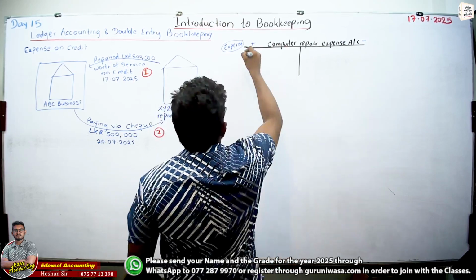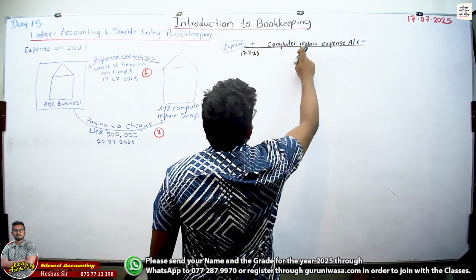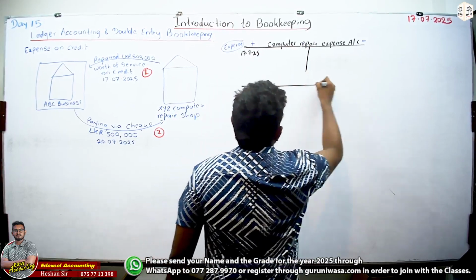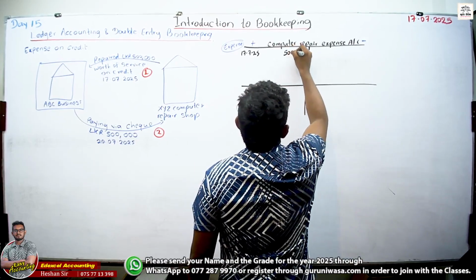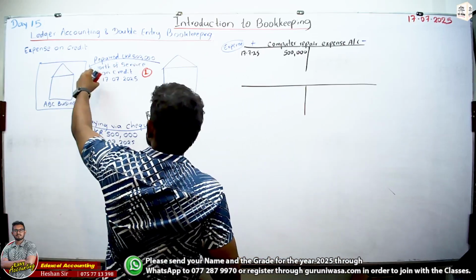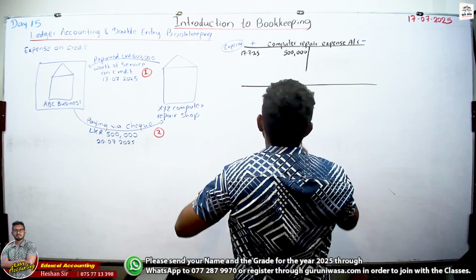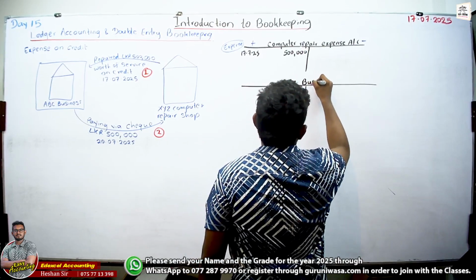The date is 17th July 2025. Value is LKR 500,000, and the business still hasn't paid at this point. So the other business, XYZ business, needs to be identified as a liability.